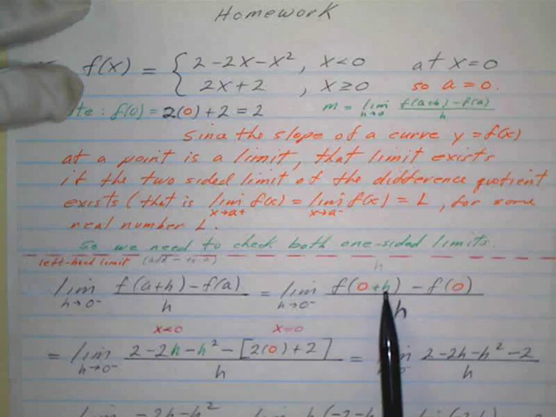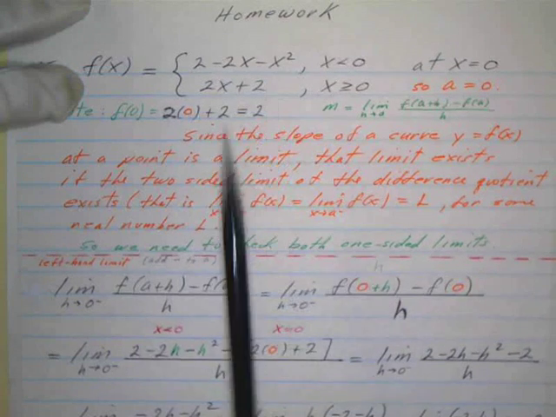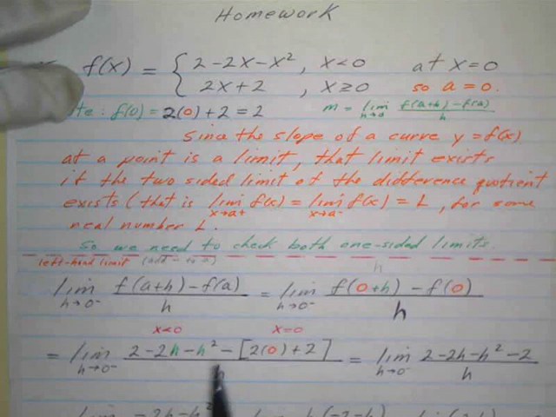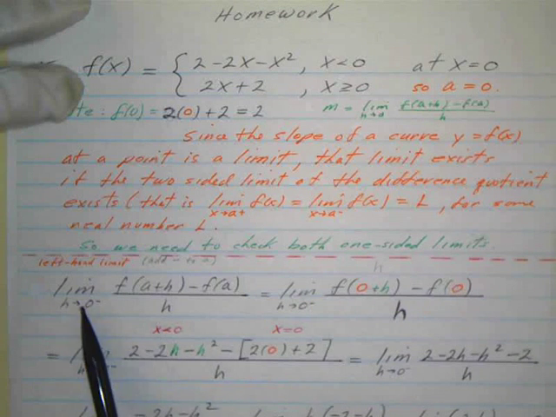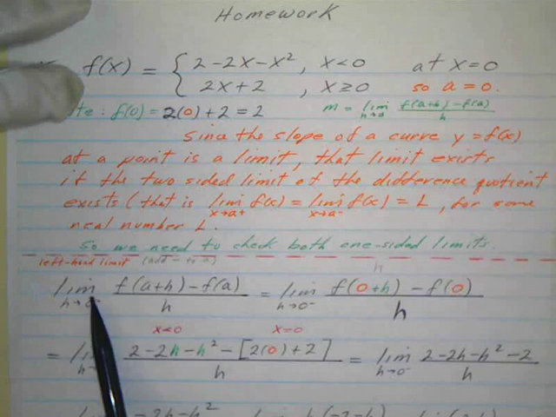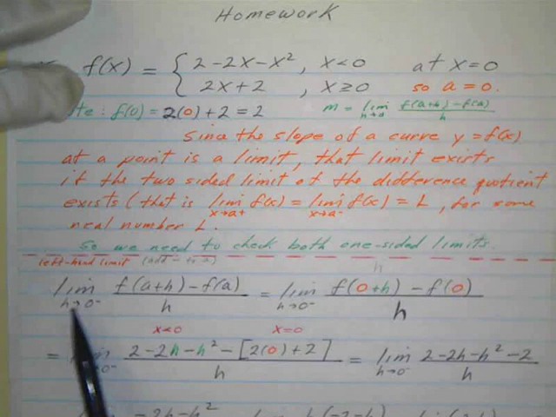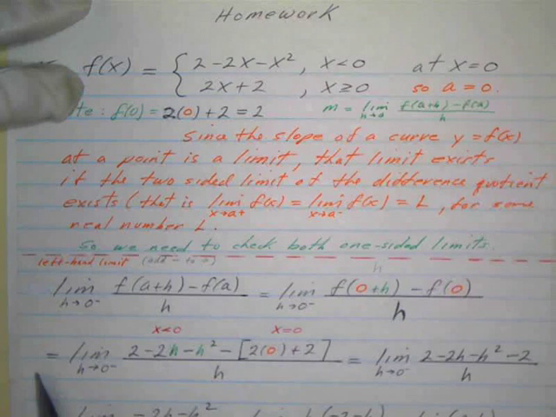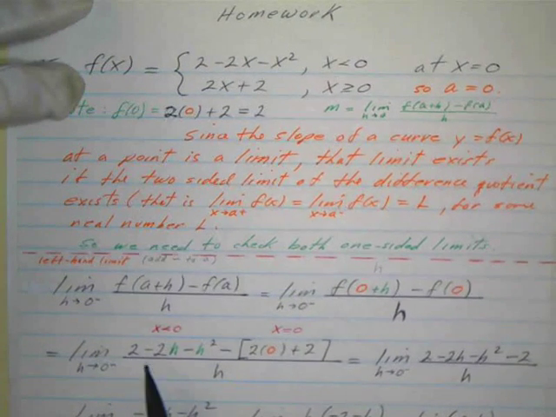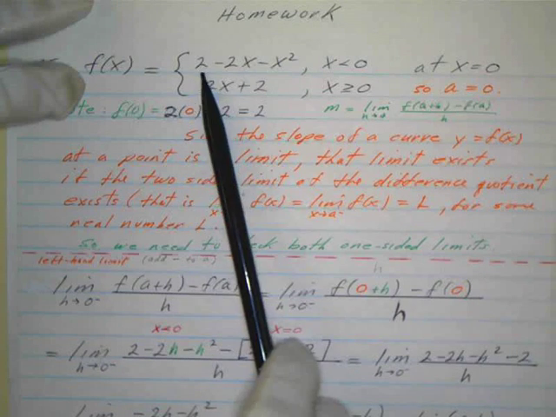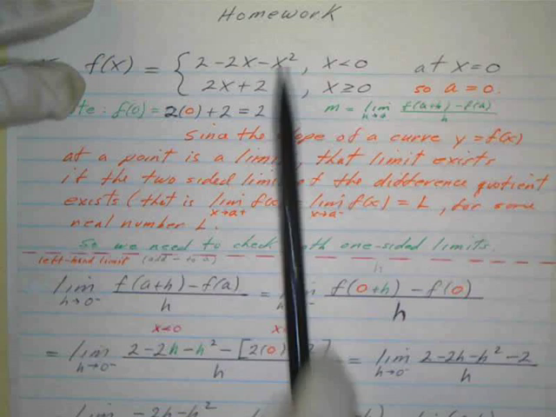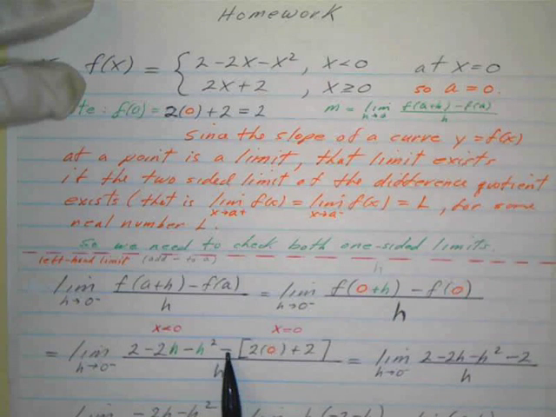So I'm going to put this h into this function because I'm in the negative realm, so I'm using this less than 0 part. Again, h is approaching 0 from the left, so that's the left of the number line, so I'm adding some kind of negative to 0, so I'm going to have a negative number. So I'll be over here. All right, so we put this in: 2 minus 2 minus 2 times h minus h squared, minus.